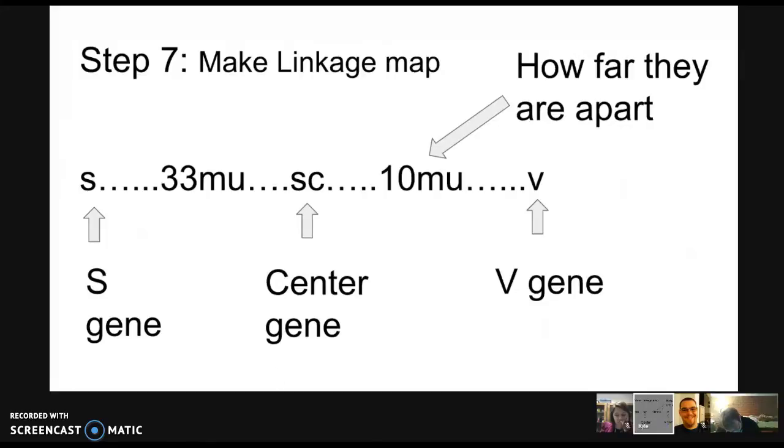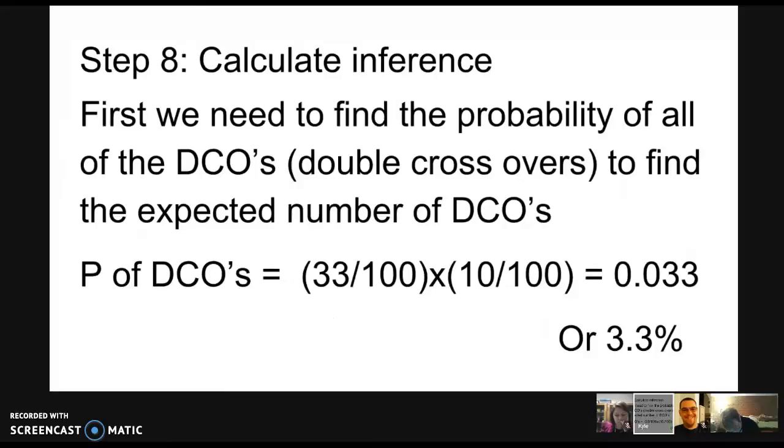It's pretty easy. Step 8, we need to calculate interference. First, we find the probability of the double crossovers. We do this by taking our MUs divided by 100 and multiplying them by each other. I'm not sure how that works. It just does.